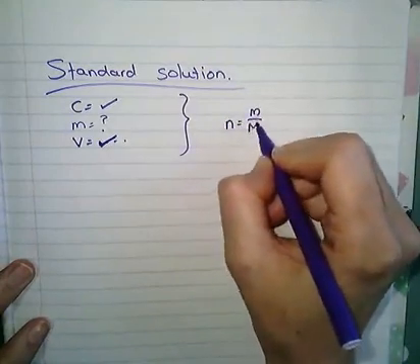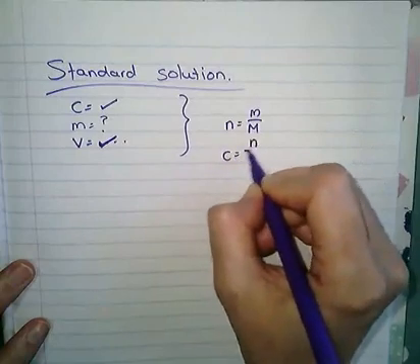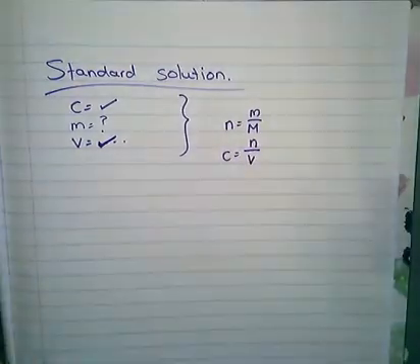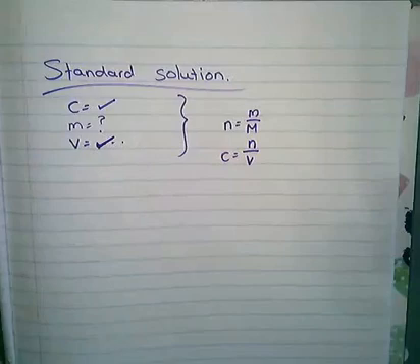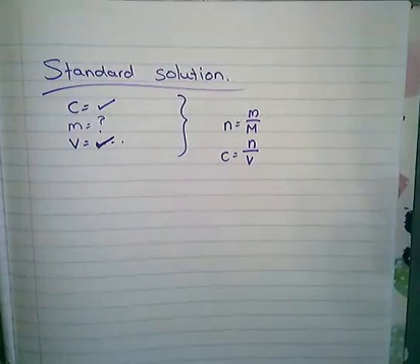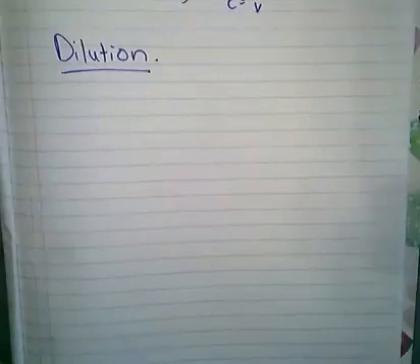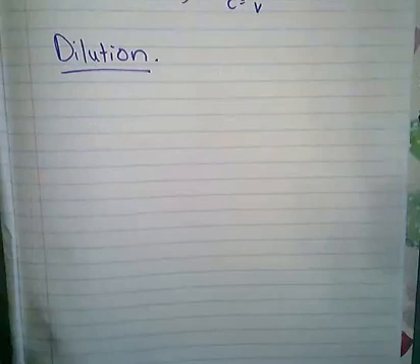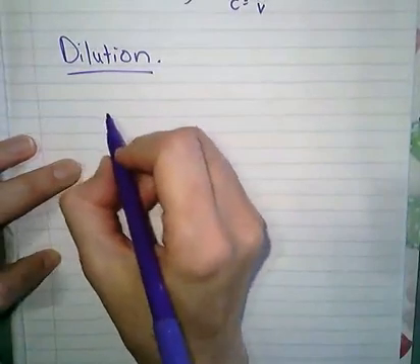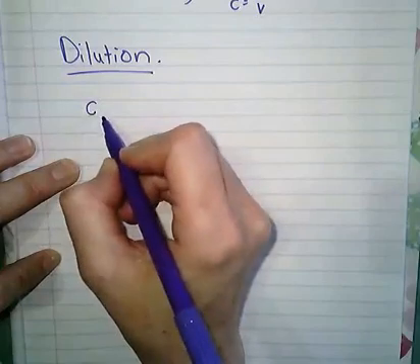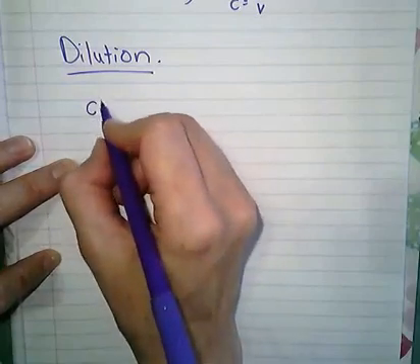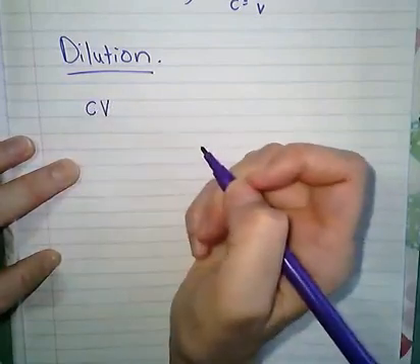Okay, then dilution. So if we have a certain concentration of a certain solution, we'll have a certain volume of that concentration. And now we want to change that to, let's say, a lower concentration. So you have this volume with a very high concentration, and now you want a different volume, but you want a lower concentration.